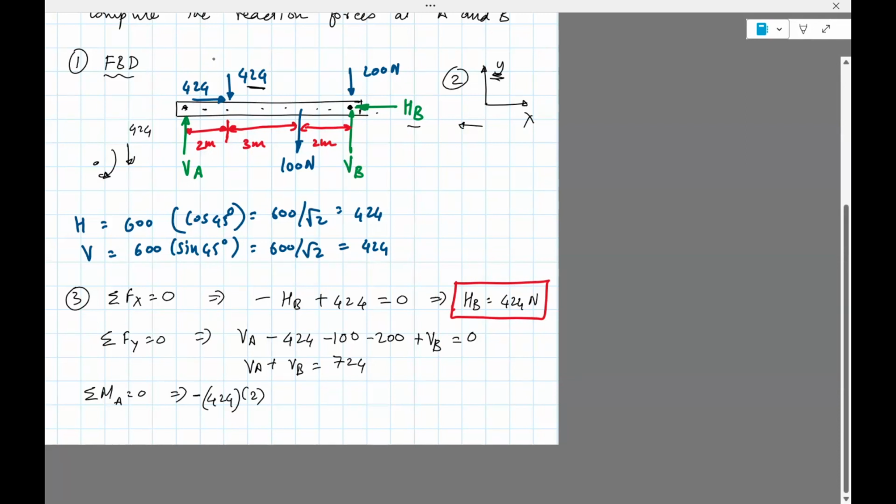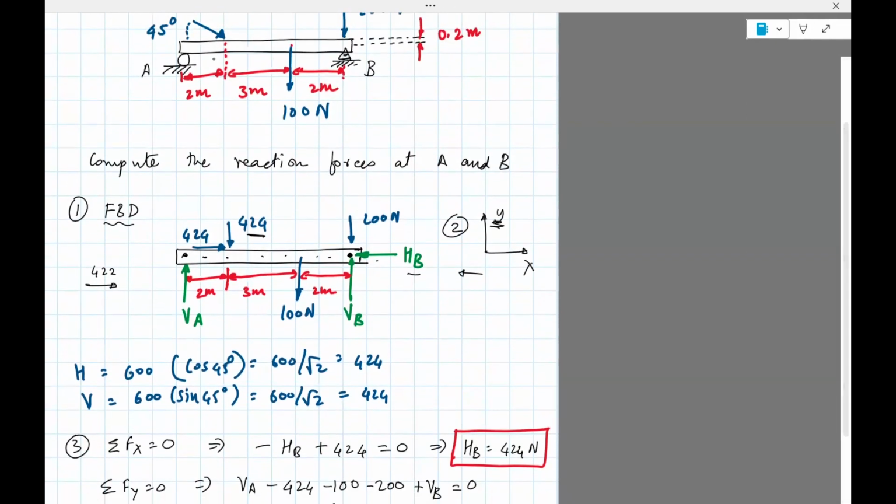Okay, similarly, we have 424 acting to the right. Its moment arm is, well, we assume that this VA is actually at the midpoint. And so 424 is at a distance of 0.2, right here, 0.2.